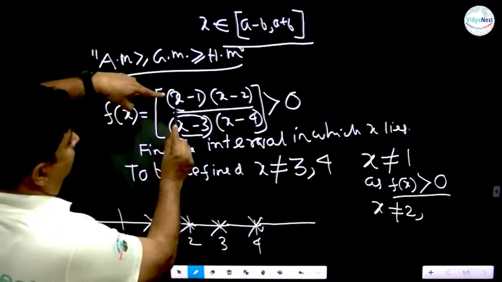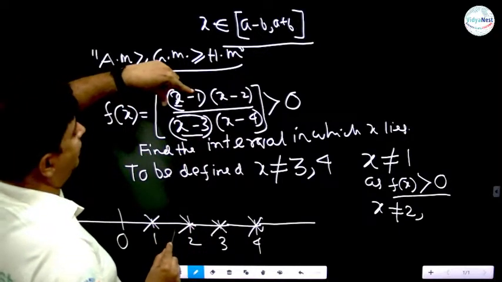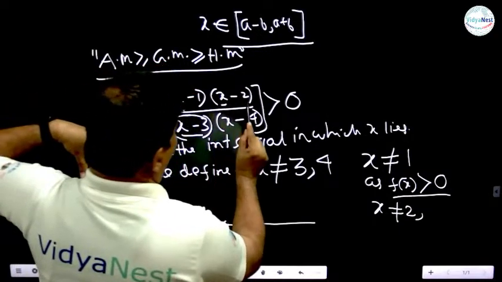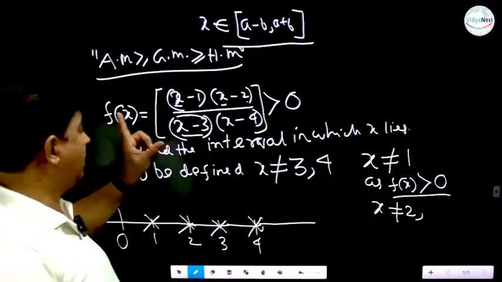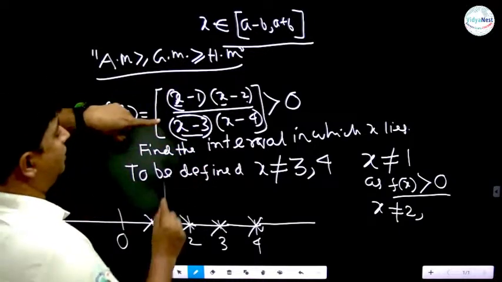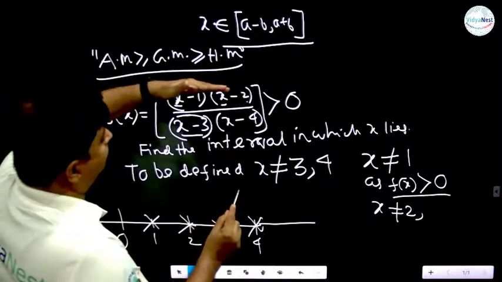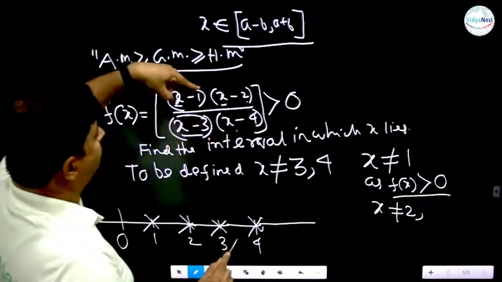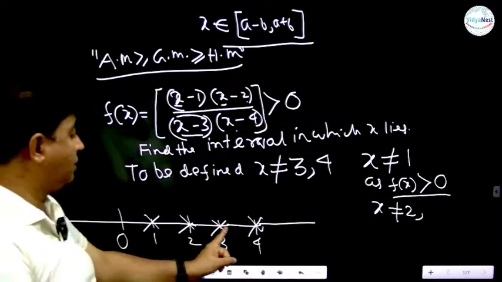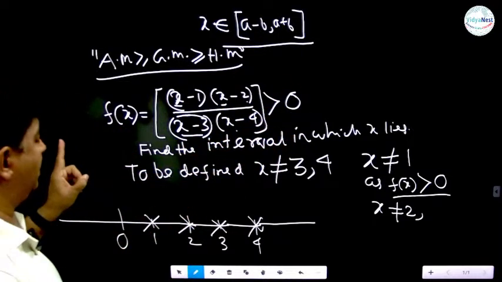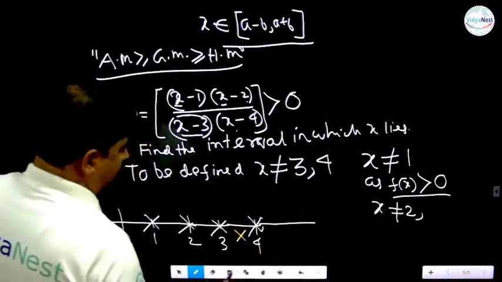Put 3.5 in place of x. 3.5 minus 1 will be positive. 3.5 minus 2 will be positive. 3.5 minus 3 will be positive. But here, if you put it, negative will come. So positive times positive divided by negative negative, that is negative, but what is given is positive. So there will be no such value between 3 and 4 which can satisfy this condition. So that interval will be discarded.